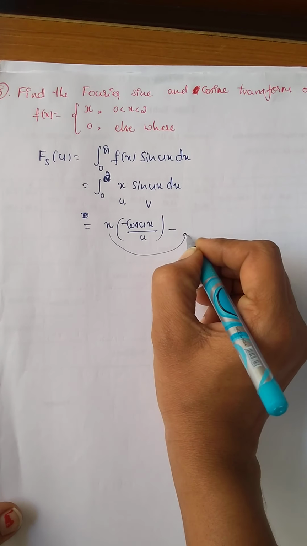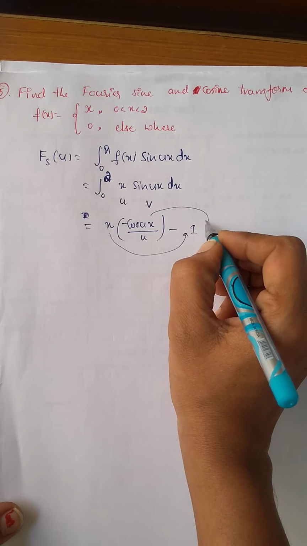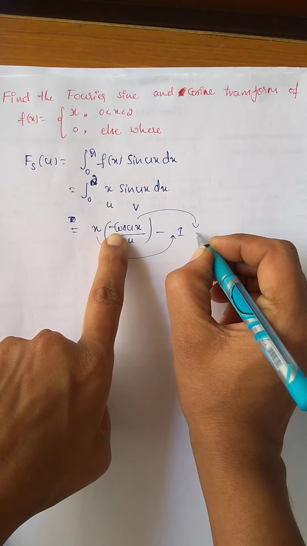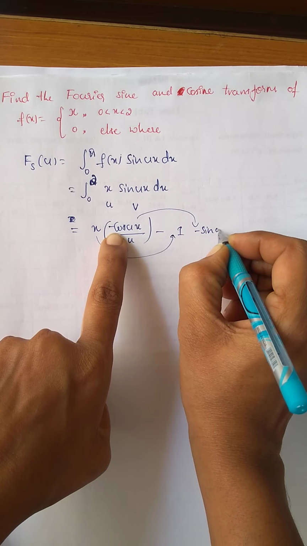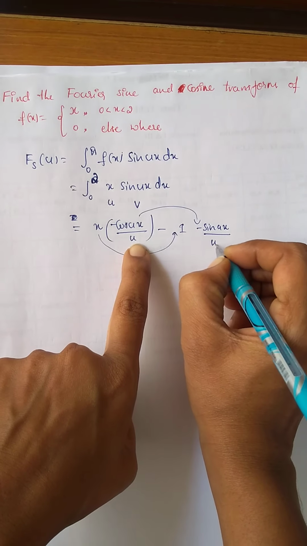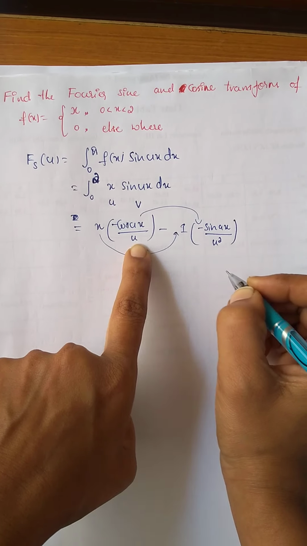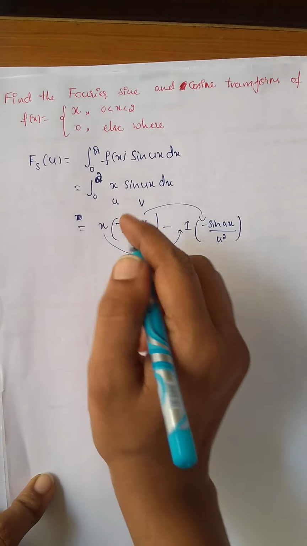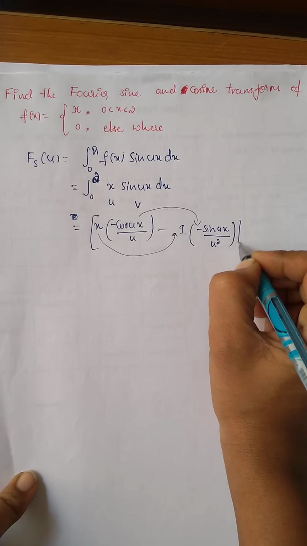Minus the differentiation of x, which is 1, times the integration of the second term, minus cos ux integrates to minus sin ux by u, times the previous u gives u square. The next term is 0, because the differentiation of 1 is 0, so we stop the Bernoulli's procedure.